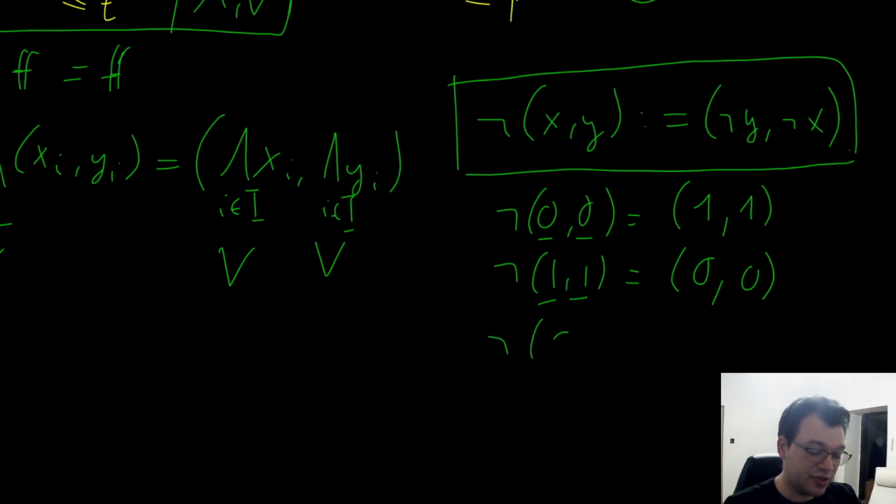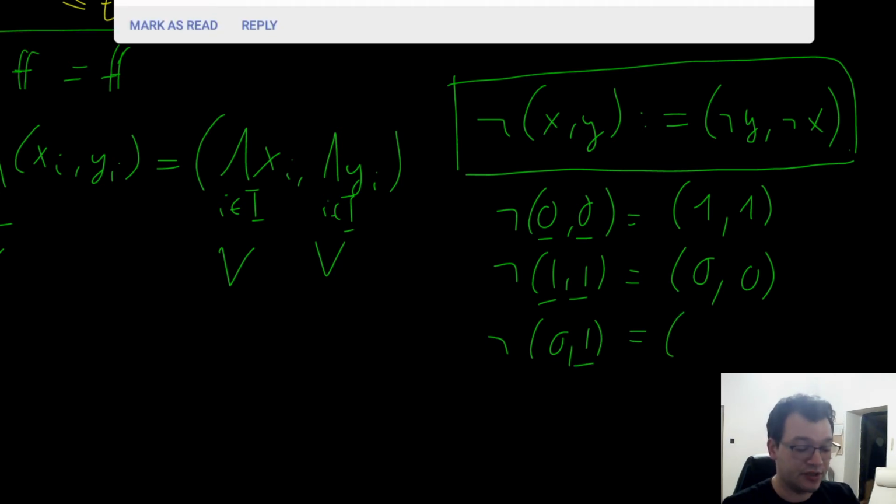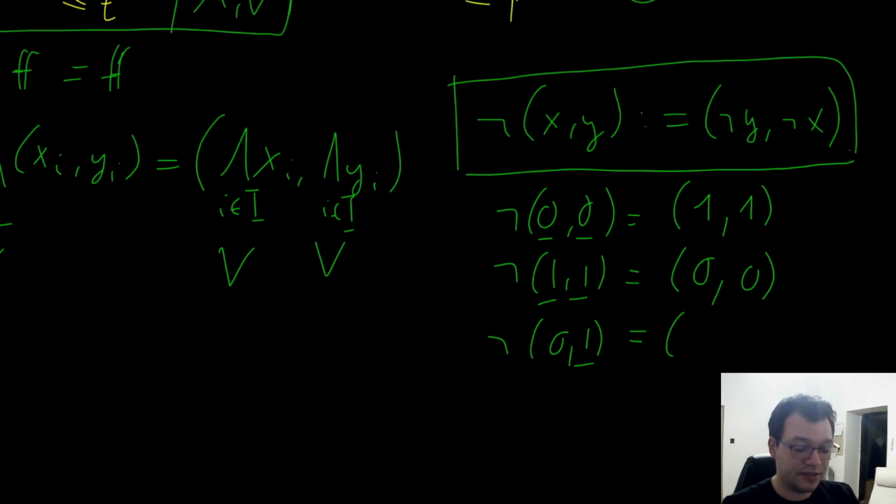And for the unknown value, for the first dimension you have to negate the original second dimension, and then you will end up with 0, 1. Okay, that's great.